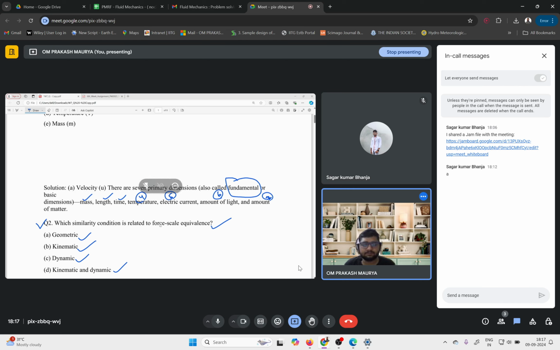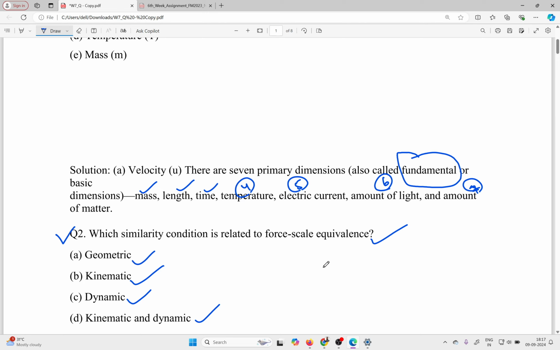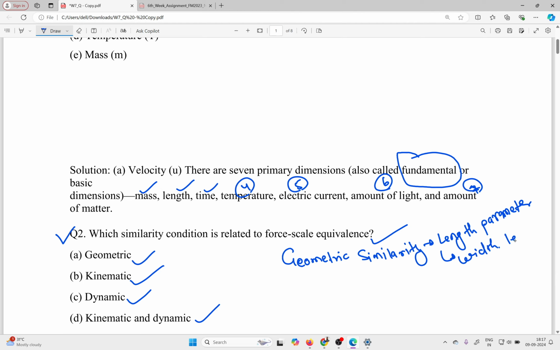Okay, now let me discuss. So in geometric similarity, let me write, geometric similarity, we discuss about length parameter, like width, length, thickness, or you can say the depth, whatever.